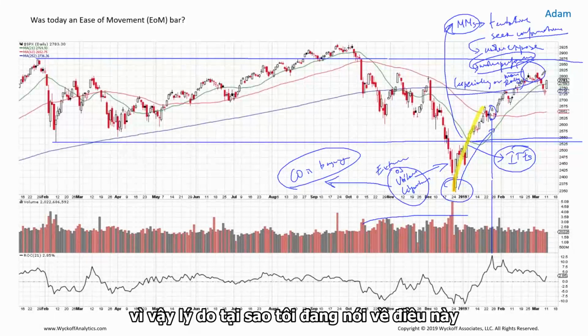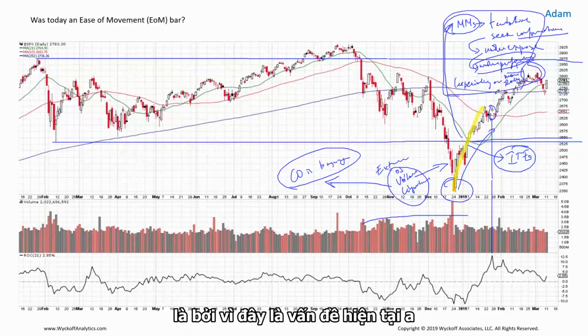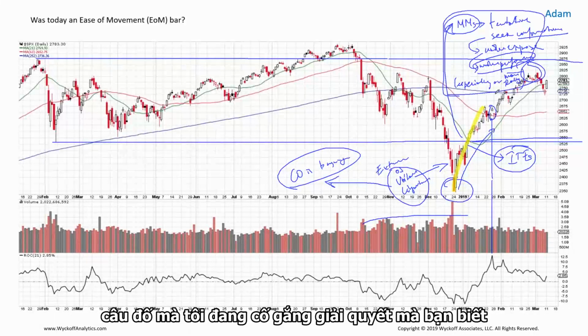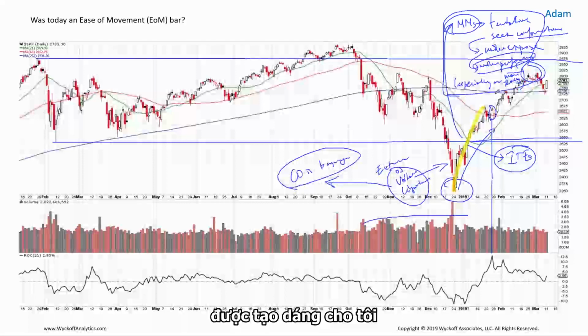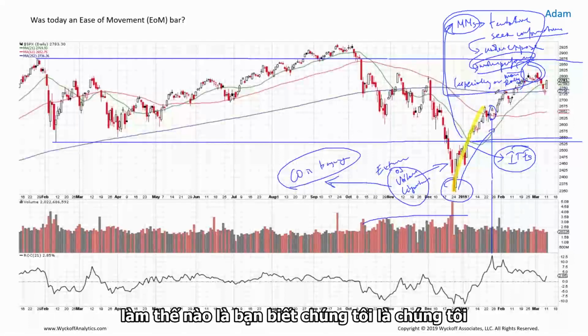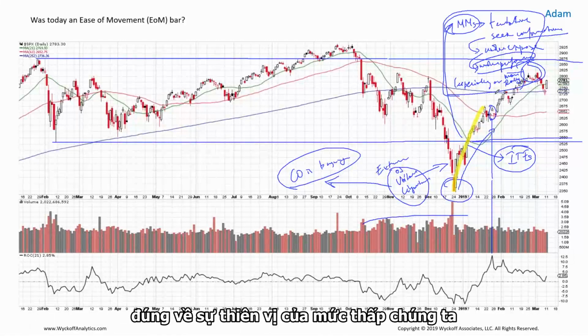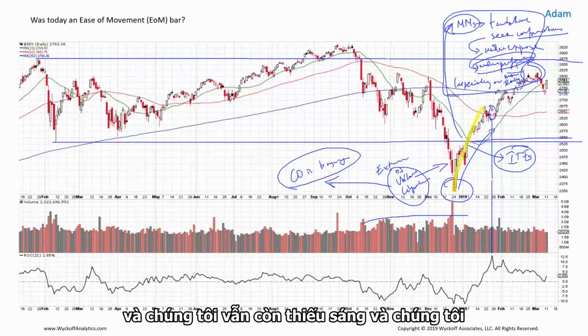The reason I'm talking about this is because this is the current puzzle that I'm trying to solve for some of the institutional clients, because that's the question being posed to me. How is it that we were correct on the bias off the low, we started buying, and we're still underexposed, and we are barely matching the market?